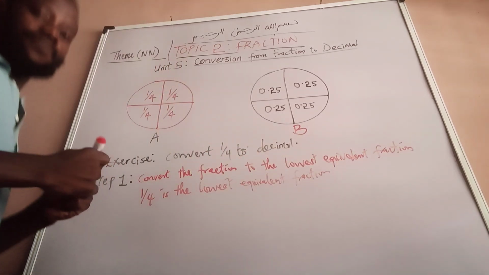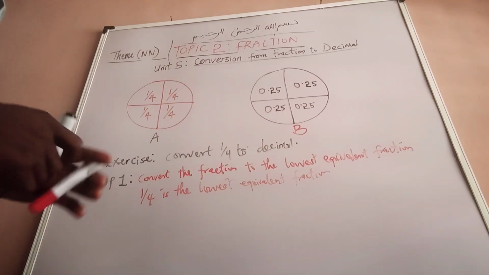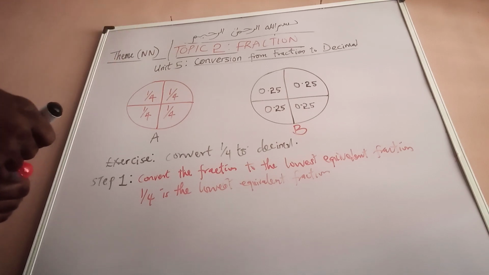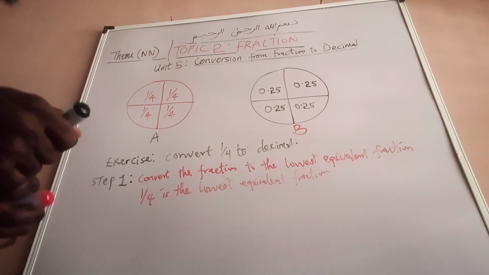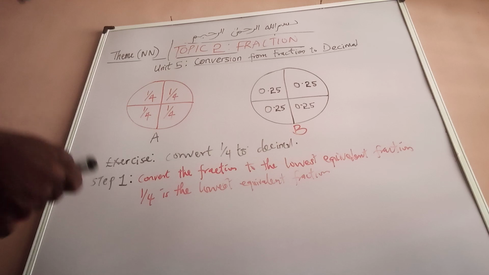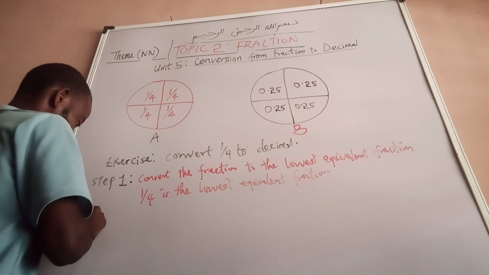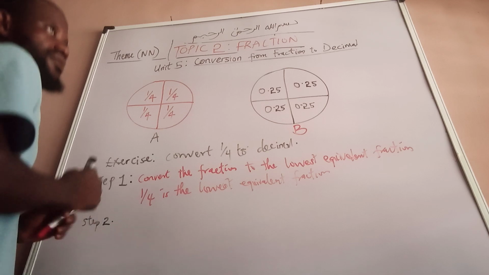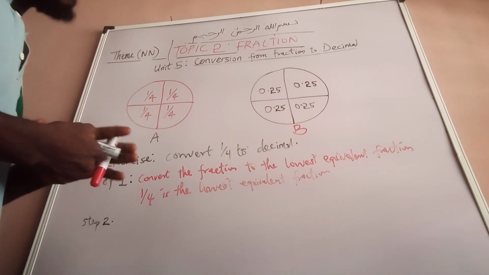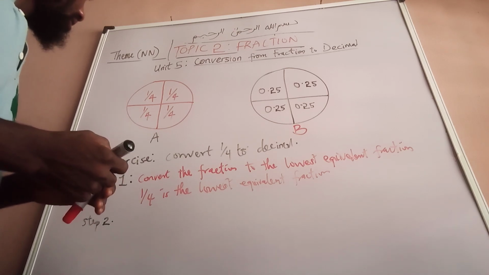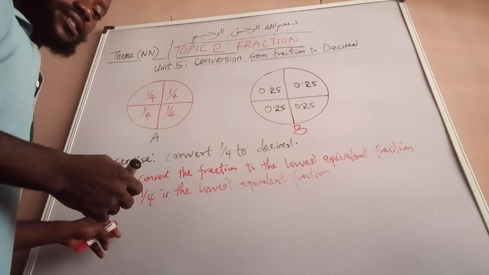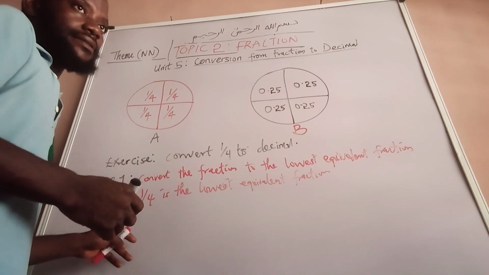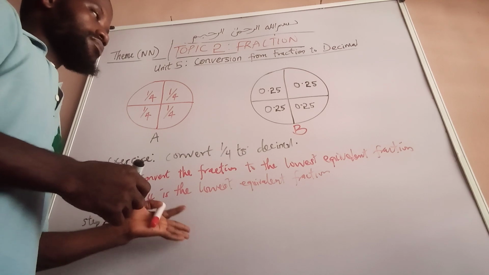Now, the next thing is to multiply it. Step 2: multiply the lowest equivalent fraction by 10 or 100 or 1000.